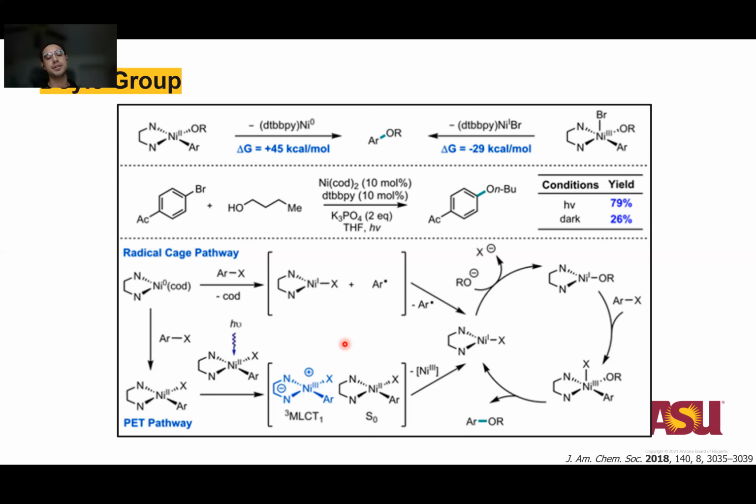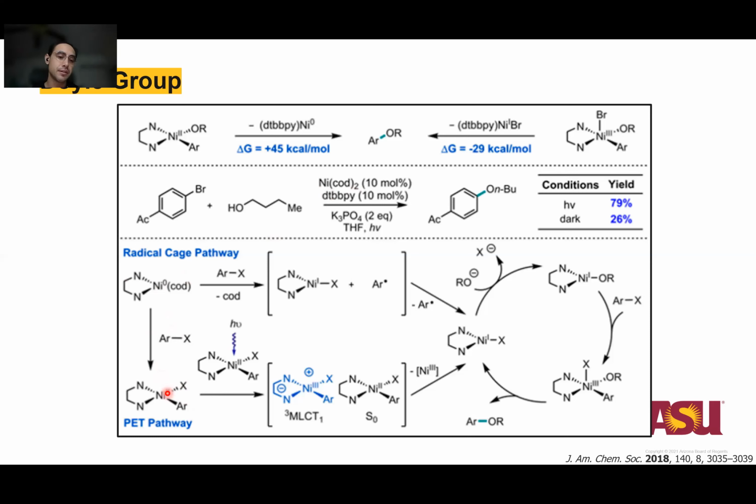But to tie all this information together, they have this proposed mechanism where you start with nickel 0, so they have their nickel COD 2 ditert-butylbipyridine, where the aryl halide can oxidatively add into the complex, forming a nickel 2 intermediate.